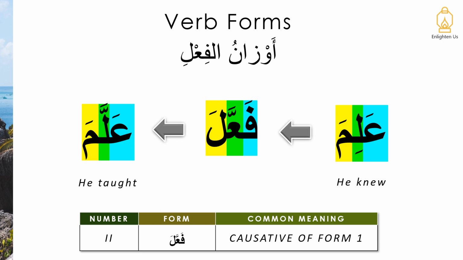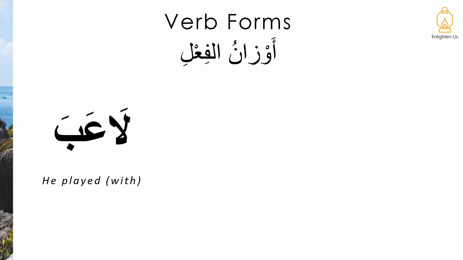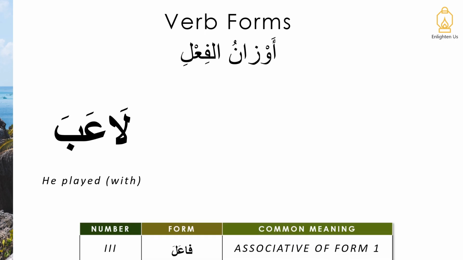Let's move on and look at form 3. لعب, he played with. Now, rather than just playing, rather than just he played a game, what if you wanted to express he played with?